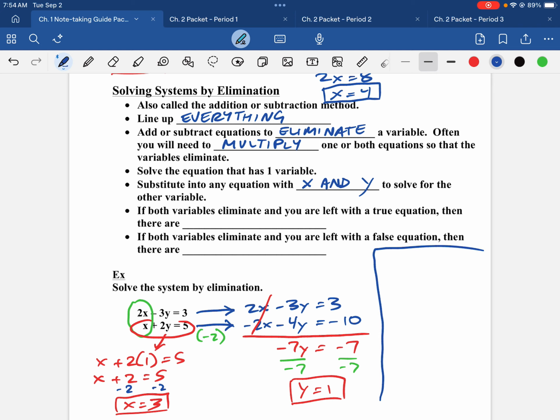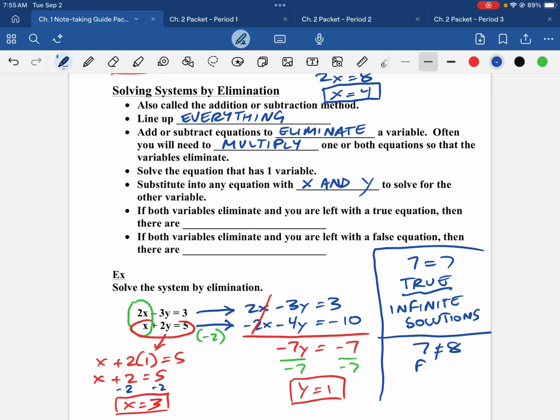So if you do that and both x's and y's drop out, you might end up with something like this: 7 equals 7. Well, that is a true statement, okay? And if you wind up with a true statement, that means you have infinite solutions. And if you wind up with something like this, 7 equals 8, well, that's not true.